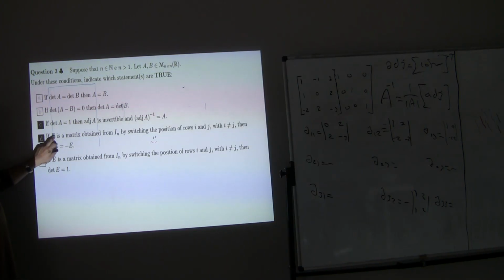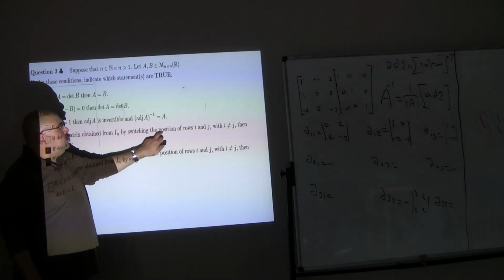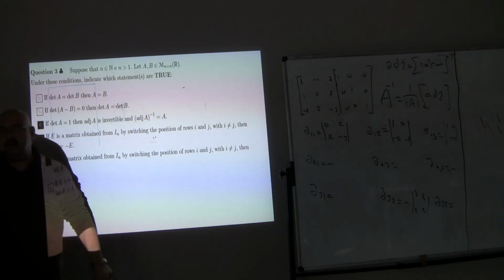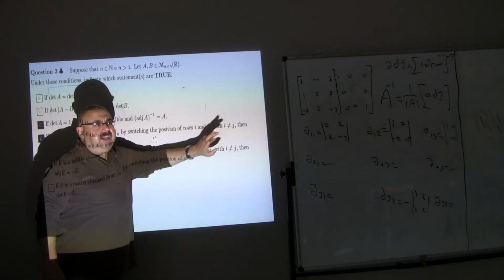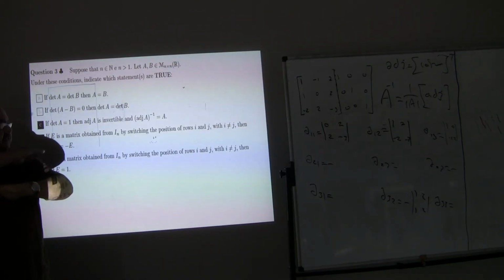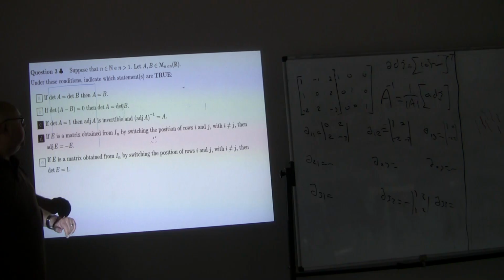If E is a matrix obtained from I_n by switching the positions of row i and j, so it's an elementary matrix. Am I right? The elementary matrices are unit matrices once you do one of the row operations. But this one in specific is about replacing rows. Okay? Continue. With i doesn't equal j, which means I replace the third row, if 3 by 3, instead of the first, or the second instead of the third, or whatever.